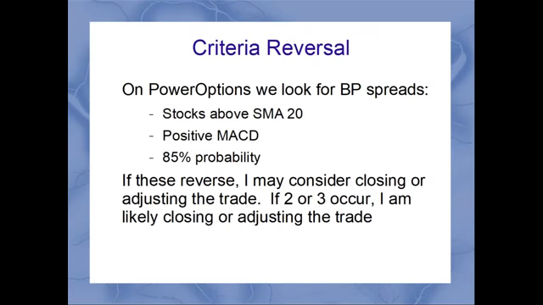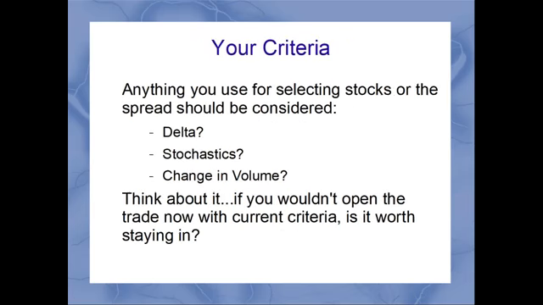All right, and then again, as I mentioned, anything that you use for selecting a stock, whether you use stochastics, change in volume, option volume, Fibonacci, anything of that nature, once you're in the trade and you see that technical reverse, ask yourself, would you open that trade now looking at the stock technical or fundamental criteria you use?